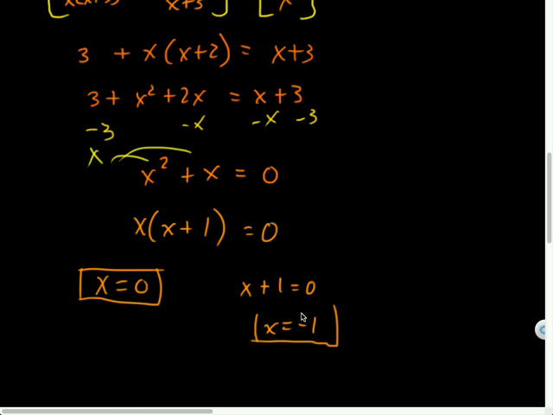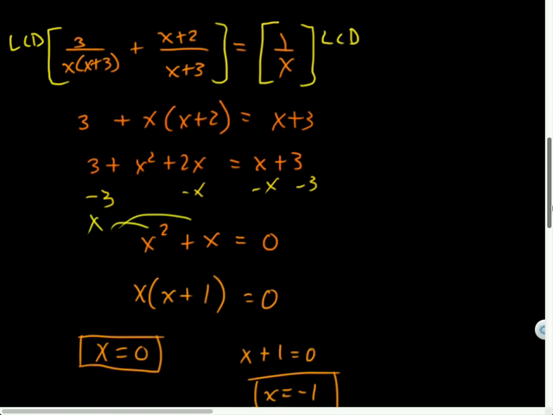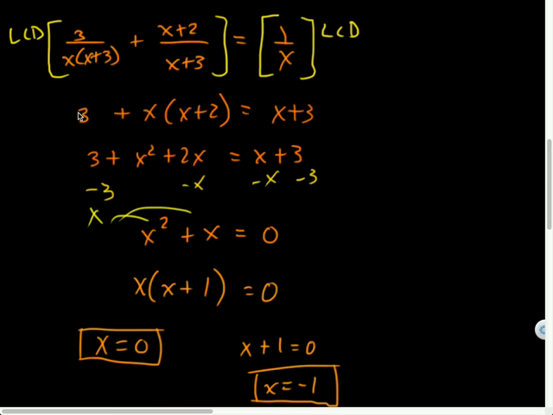Now, I'm not going to necessarily do a formal check for these, but let's consider the possible inputs for this function, looking at the original, or actually even right here is fine. What numbers would break these denominators? What numbers would make those denominators into 0? What do I have to consider?